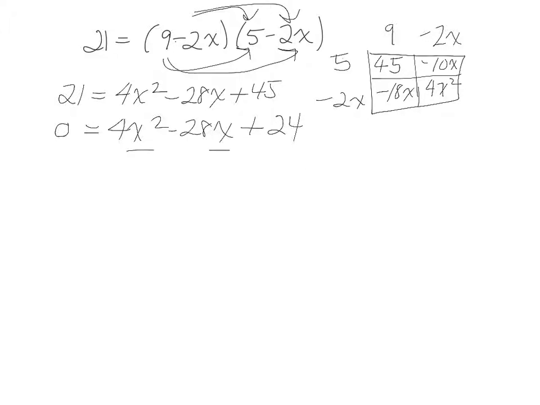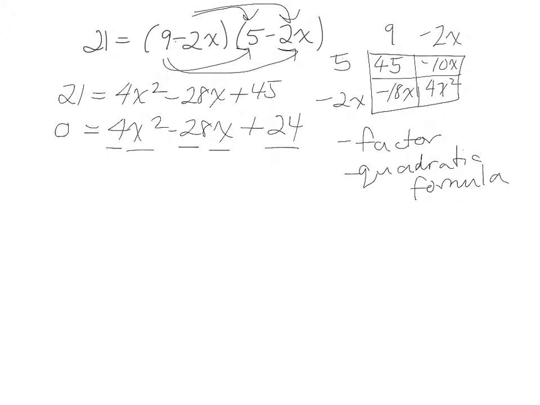Okay, so now we want to solve for x, and we know there are 2 ways of doing it. We can either factor, or we can use the quadratic formula. And I would suggest, if you're not strong on factoring, well, you can always use the quadratic formula. It works every time. But I'm going to take you through the factoring exercise because this one is fairly straightforward. I might look at this and say, well, gee, I seem to have a common factor of 4.